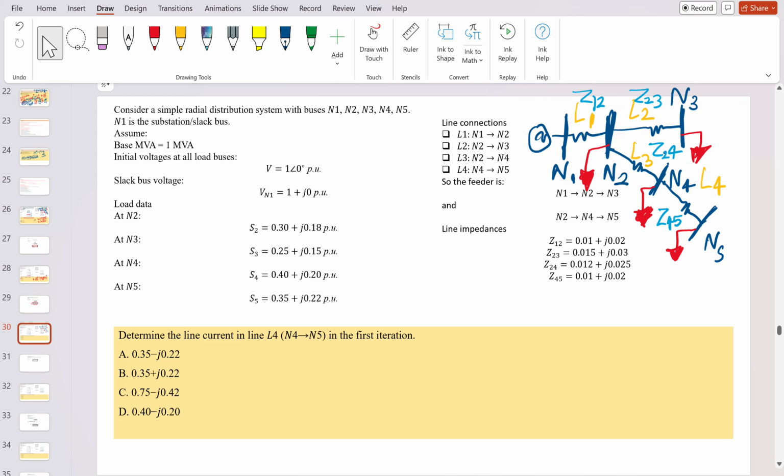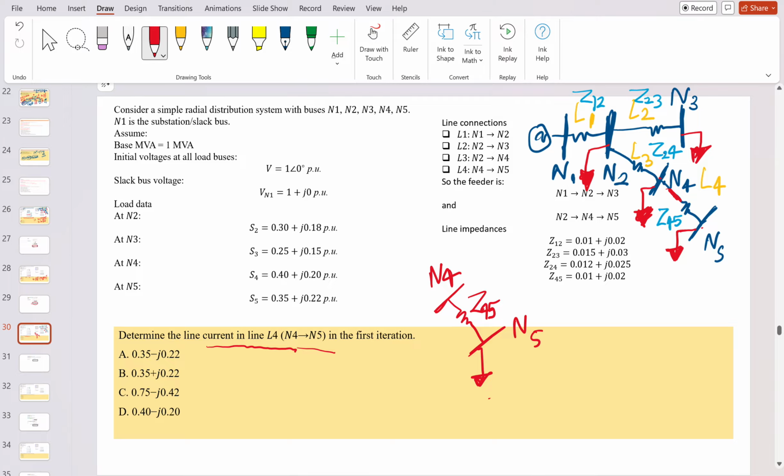Okay, let me give the solution. What is being asked? Determine the line current in the line L4. This is the line L4, so it is asking what is the current which will go from N4 to N5. Only one load is connected, so the current flowing inside that load will be the same current flowing from N4 to N5. This is N4, this is N5, this is Z45 and the load is connected here.